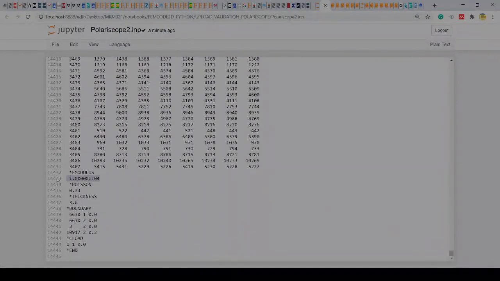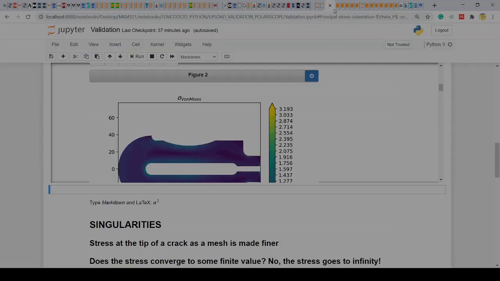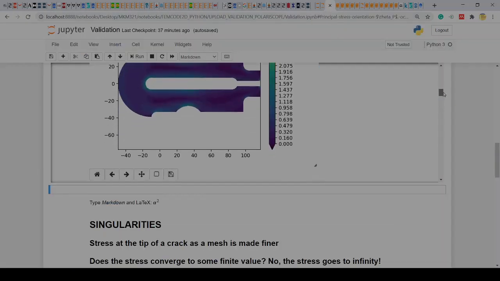And the Young's modulus is given then in MPa. So you can ask yourself whether that is appropriate or not. So that's 10,000 MPa, which boils down to essentially 10 gigapascal. But that's what we have. Okay, so that's the first thing there.